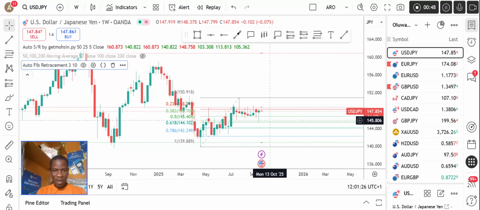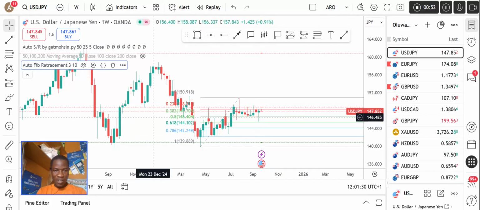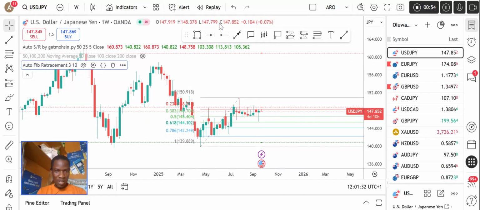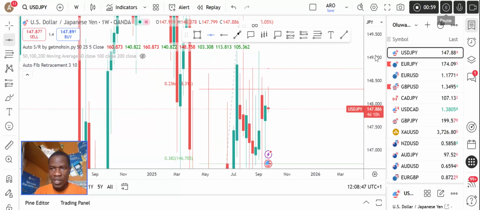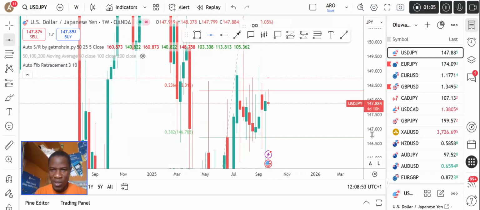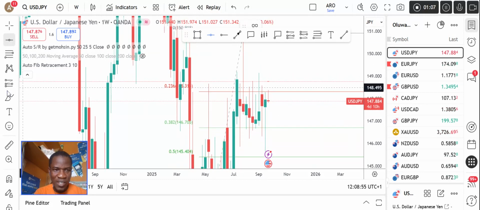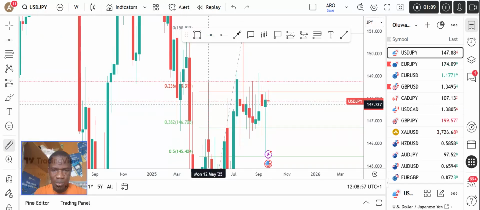And if you check our previous analysis, you will see that the market just did what we analyzed for last week. What I said last week is that the currency is going to go down, and if you can see the market move.